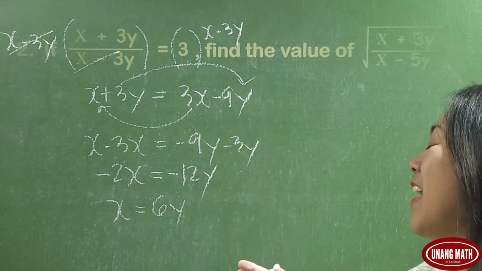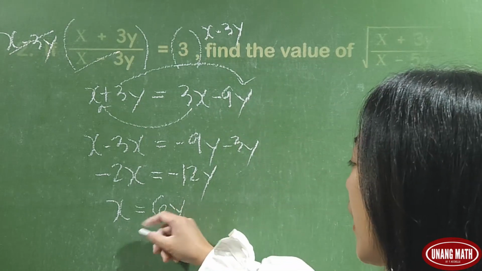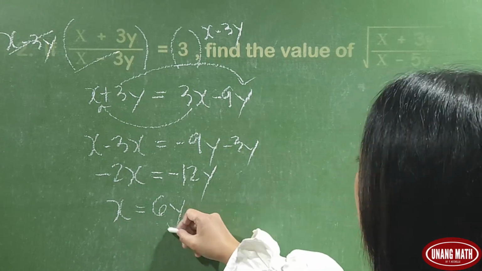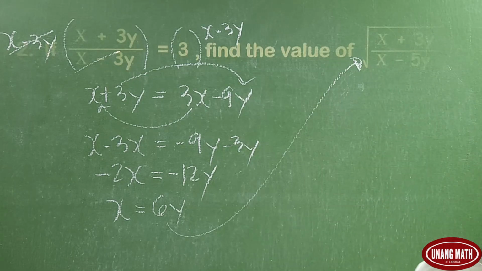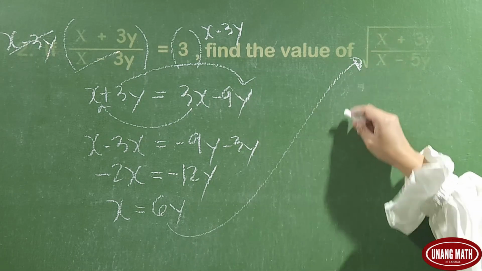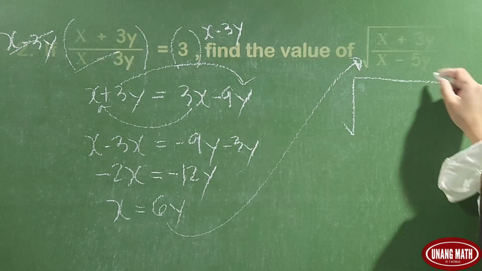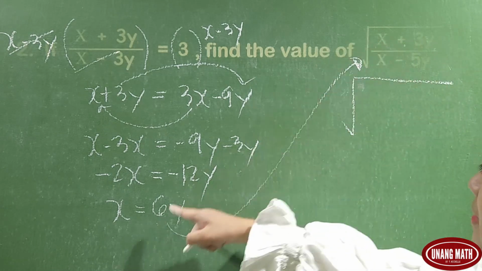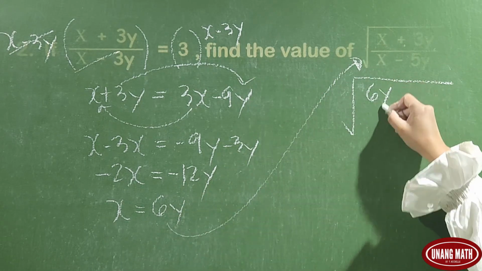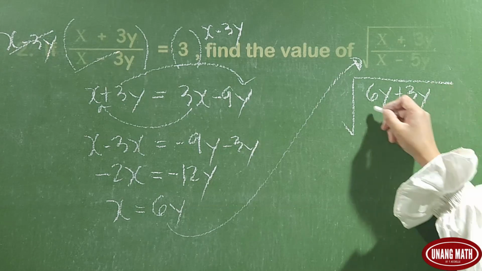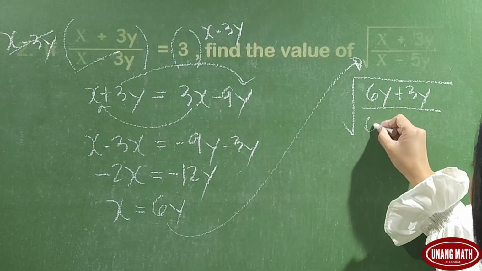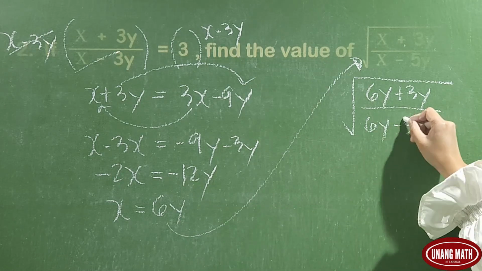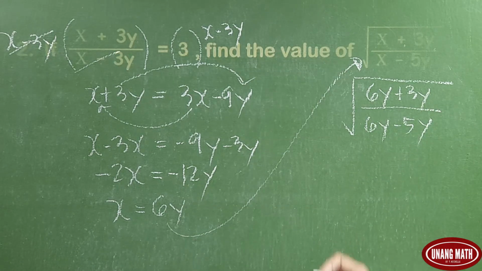6y. Okay, we are going to use this value of x, that is 6y, and we will be substituting in this expression. So, this is now square root of x plus 3y. X is 6y, so this is 6y plus 3y over x minus 5y, so this is 6y minus 5y.